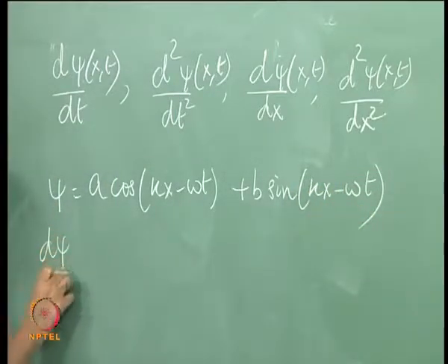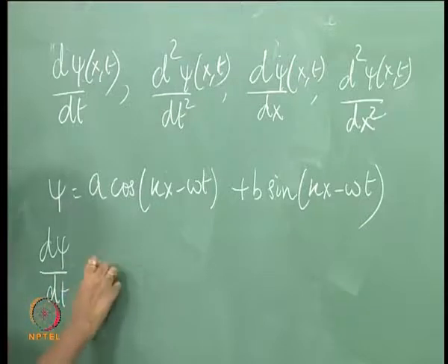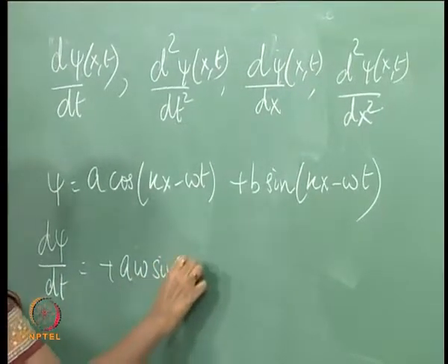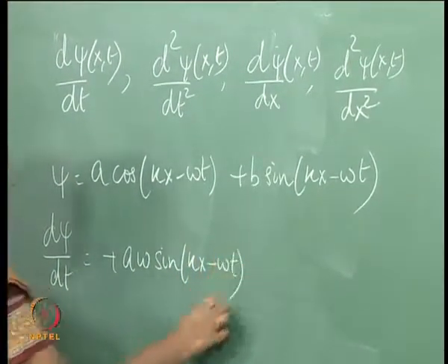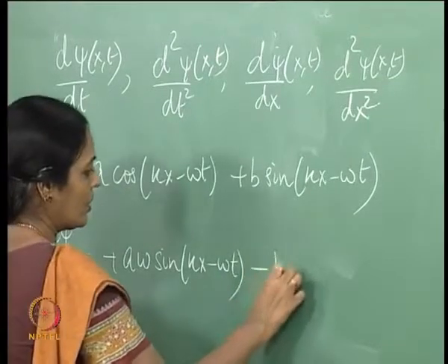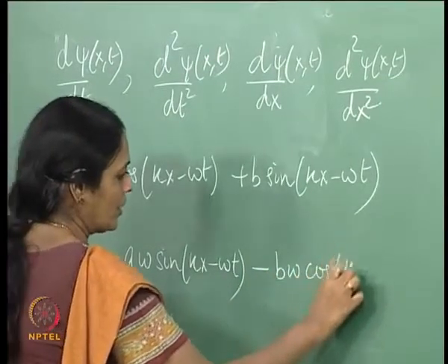and therefore d psi by dt is plus a omega sin(kx minus omega t) minus b omega cos(kx minus omega t).